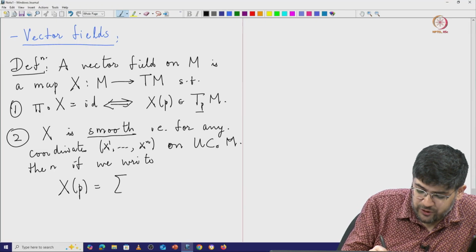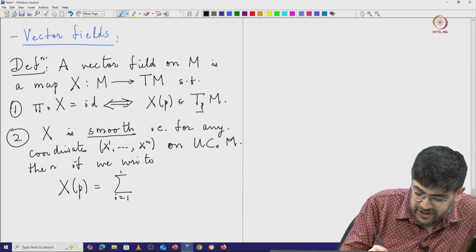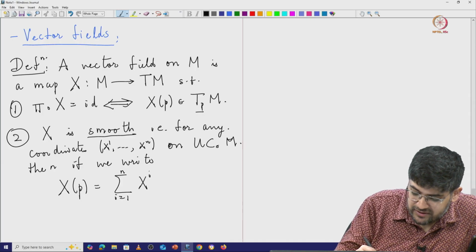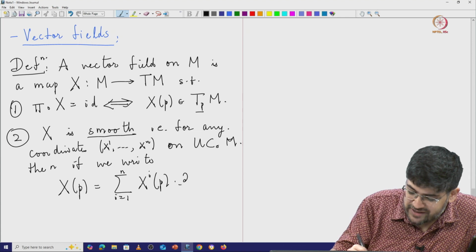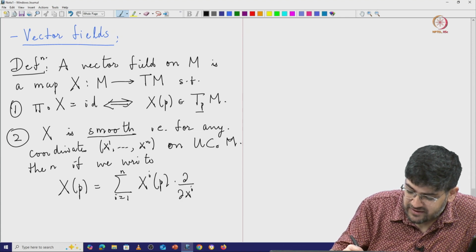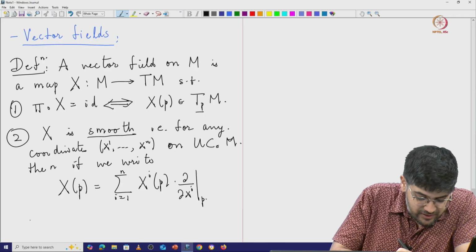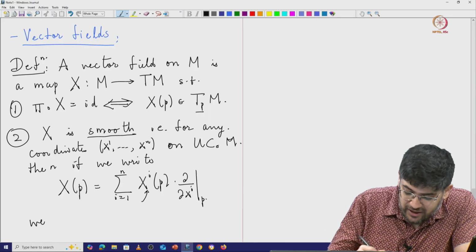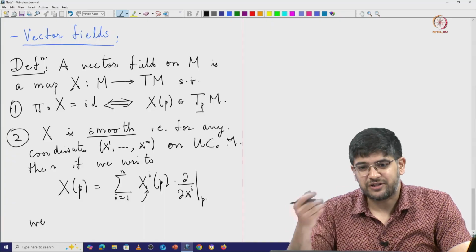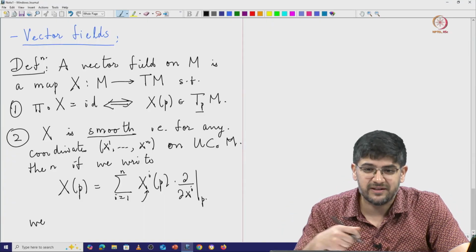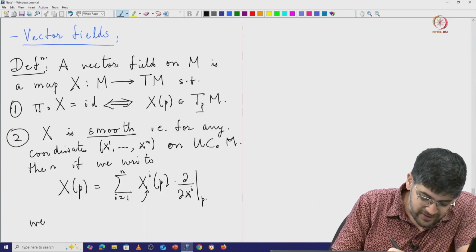At every point you can write this as a linear combination of the basis vector, so then for every point P you get this collection of components of your vector in this particular basis, right?